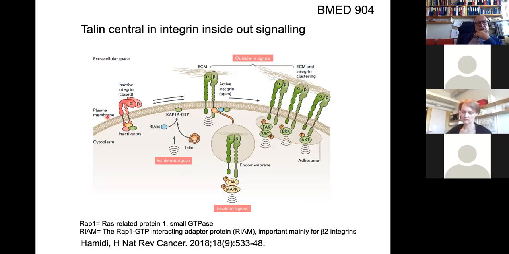This is the same slide showing how these small GTPases activate talin, so talin can bind to the beta subunit of the integrin, and this completes what's called inside-out signaling. Once the integrin is active, it can be involved in outside-in signaling.